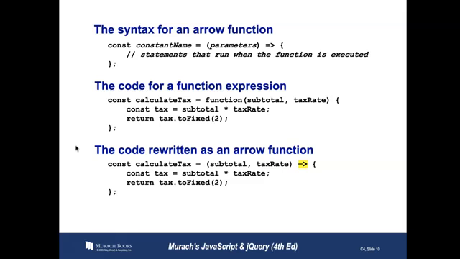So if we have the function expression in the middle block of code there, where const calculate tax equals, and then the function call, and we'd call it with calculate tax, we would rewrite that as const calculate tax equals, then the two arguments, then the arrow, and then the same block of code after. So that's the shorthand arrow syntax. And it just takes a few tries, a little bit of practice to get this going.